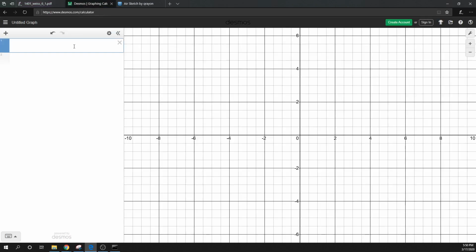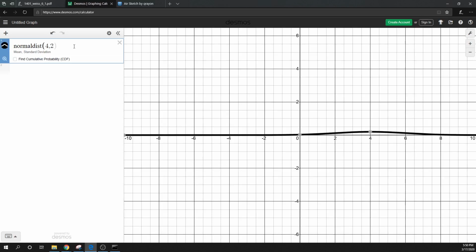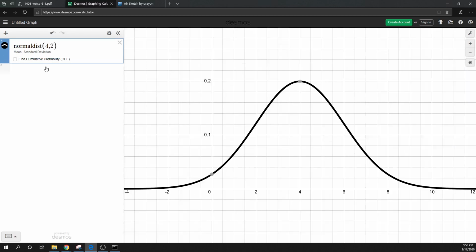So on Desmos, it is normal dist. And let's just say we had a mean of 4 and a standard deviation of 2. That's what it would look like.